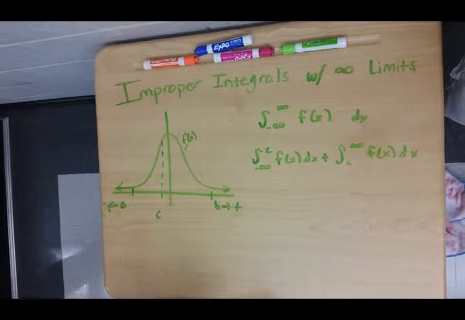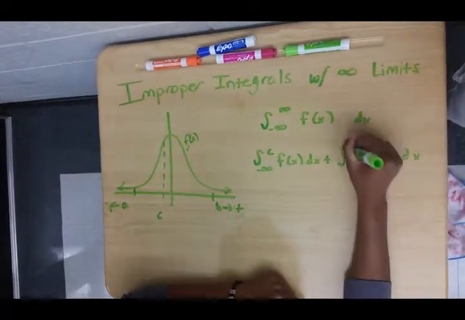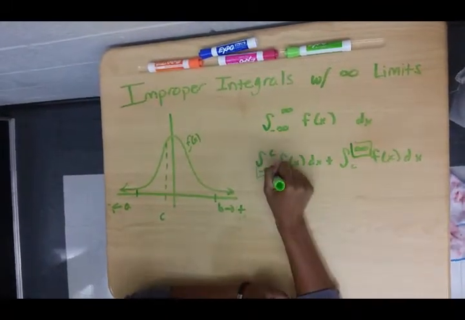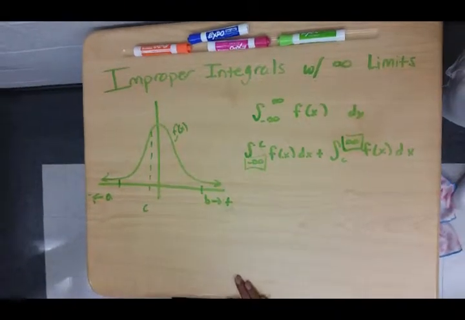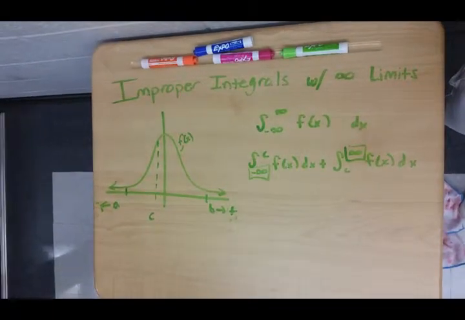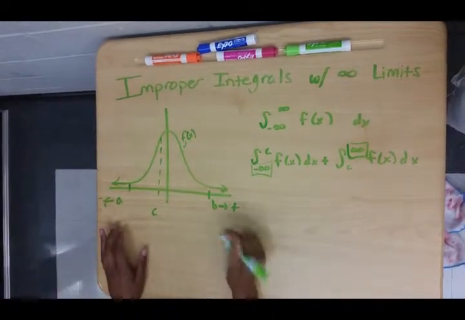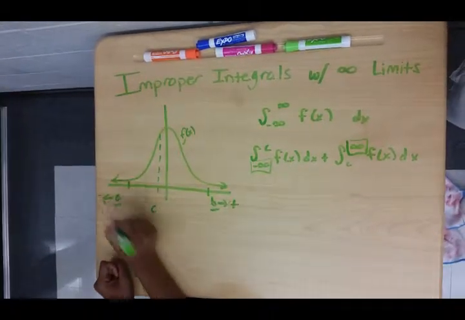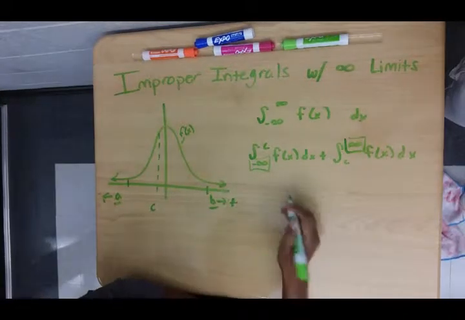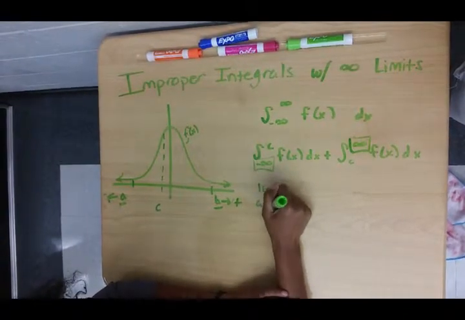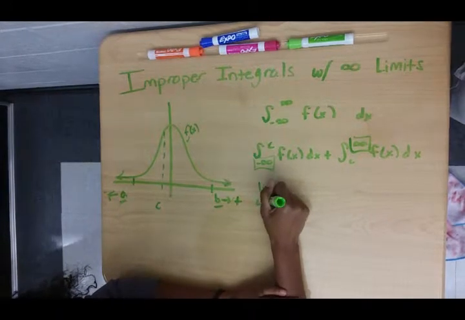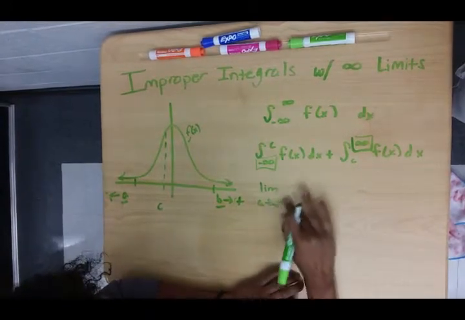And like I said before, in order to do an integral, both of these have to be finite numbers. So we're going to break this down even more. I already labeled this one as b and this one as a. So for the first one, we're going to do the limit as a goes to negative infinity.